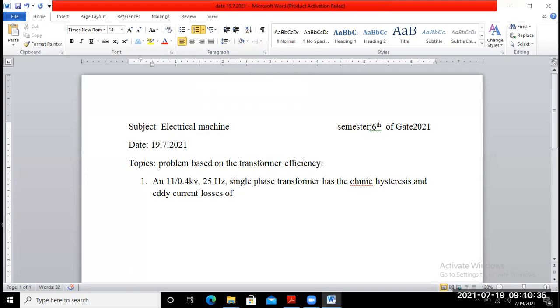That means all losses are given in percentage.